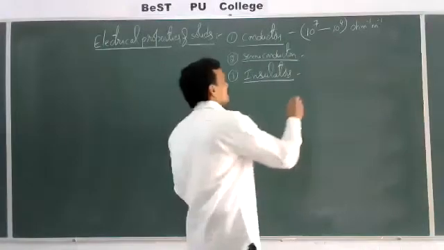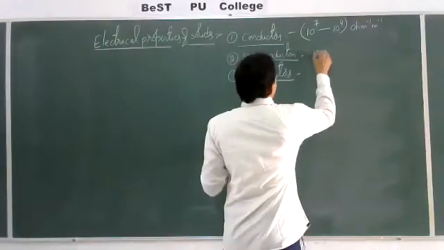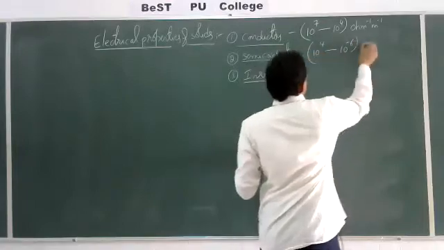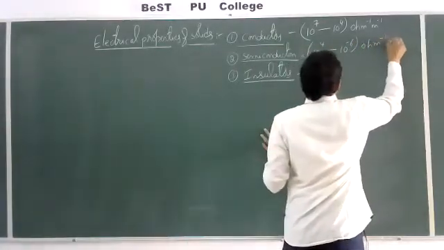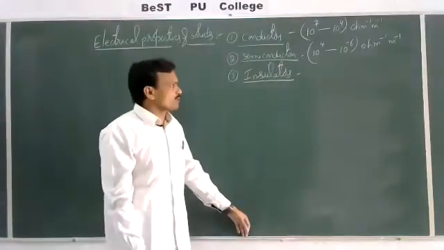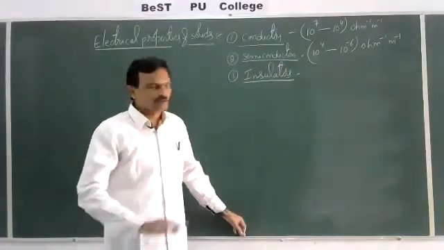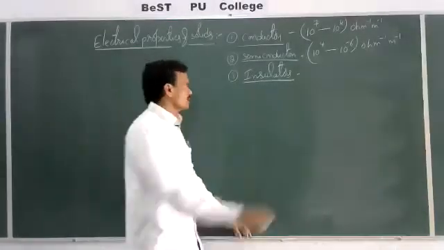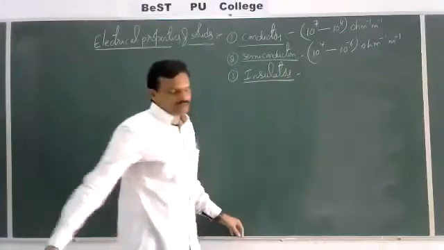If the conductivity range lies between 10 power 4 to 10 power minus 6 ohm inverse per meter, that is Siemens per meter, then they are called semiconductors. Okay, next, insulators.